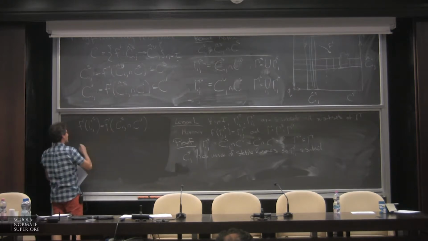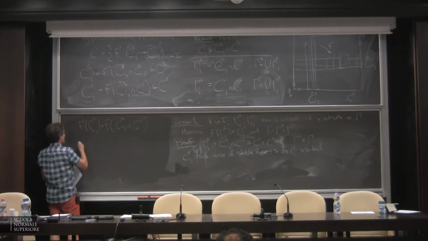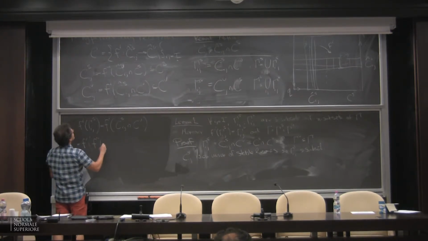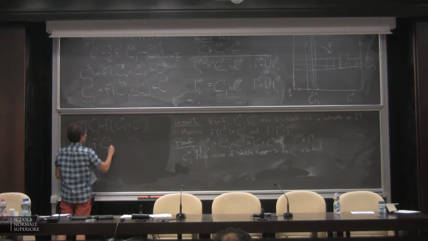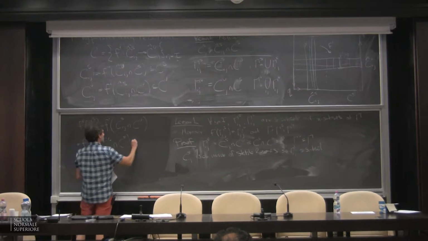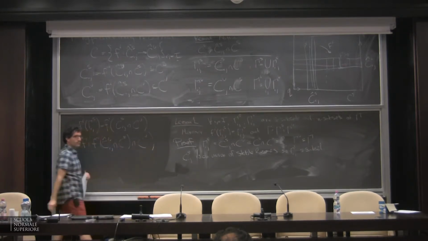And what's the definition of CSij? So this is equal to Fi of F minus I of C hat Uij intersection Cs intersection Cu.